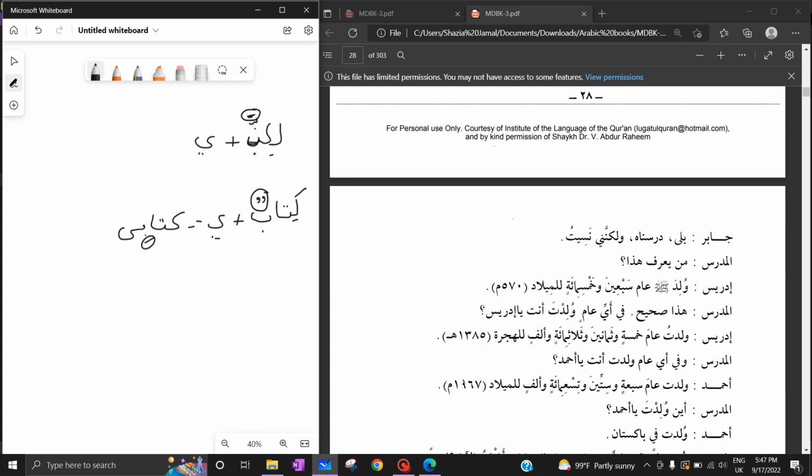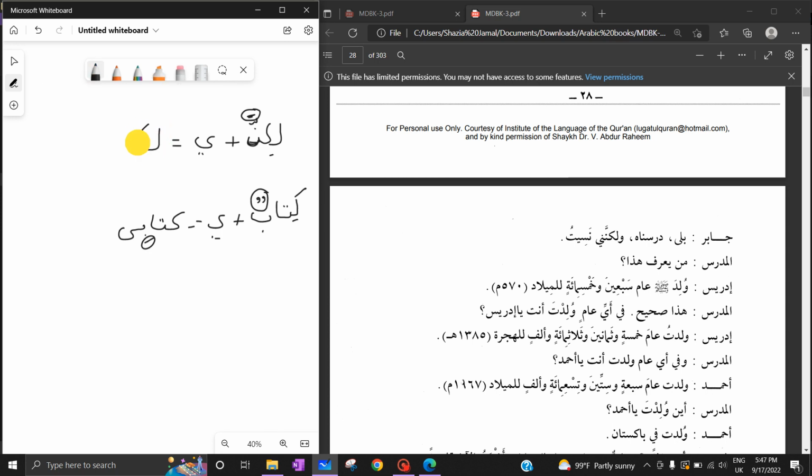That's what happened here also. Lakinna has a fatha, and when it gets attached with a ya mutakallim damir, it forces the noon to take a kasra. But since we know lakinna is mabni on fatha, it should not have a kasra below the noon. So what happens? We bring a noon in between.